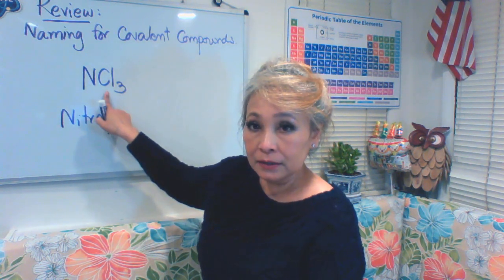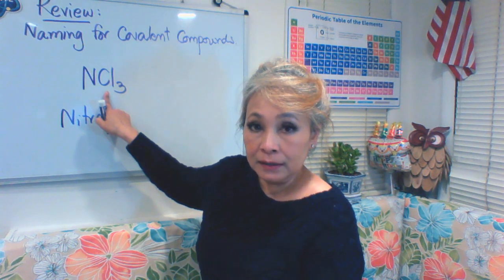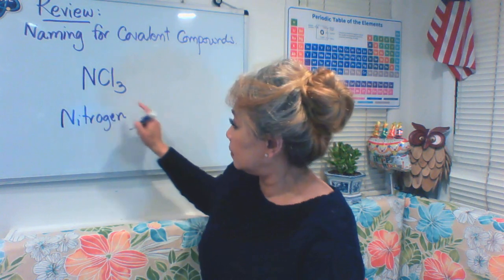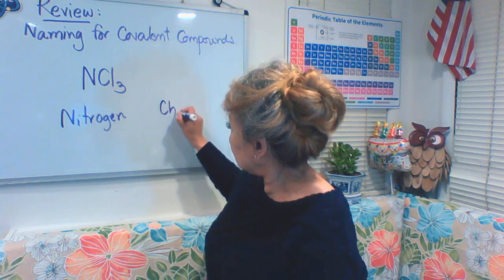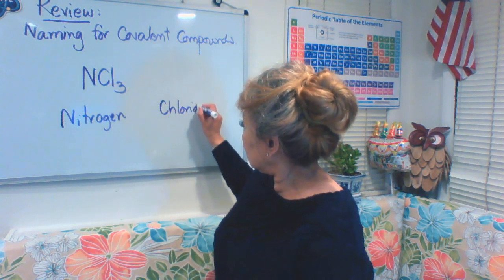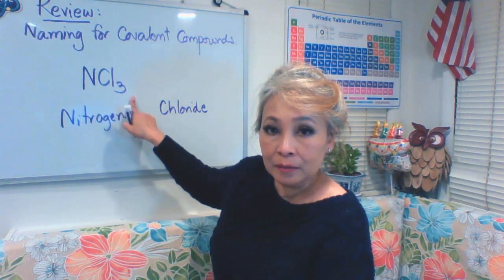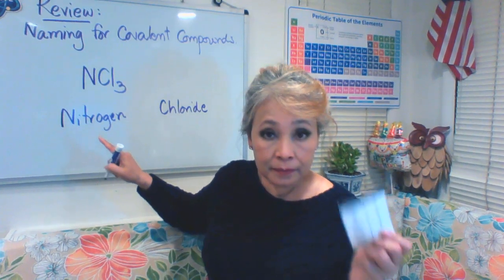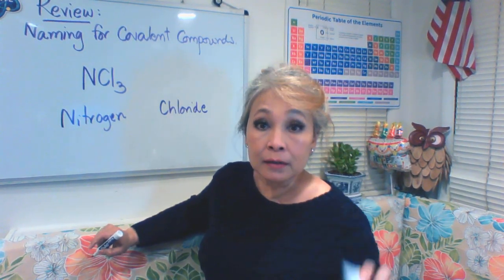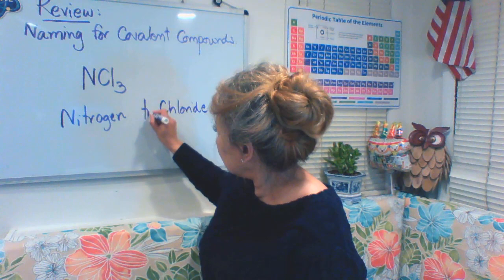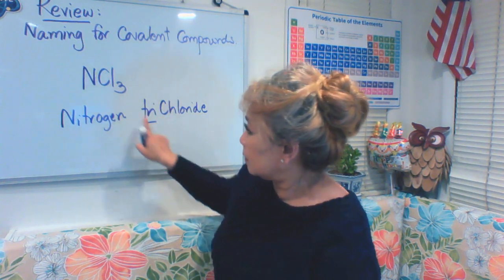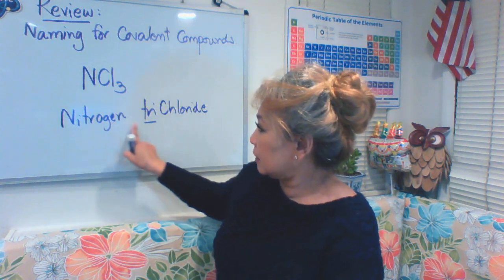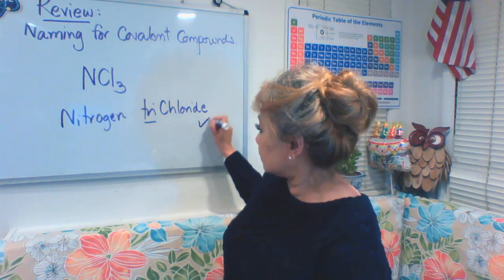The second element is, yes, ending with ide, chloride. Write down. How many atoms? 3. What is the prefix for 3? Prefix 3, tri. NCl3 is nitrogen trichloride.